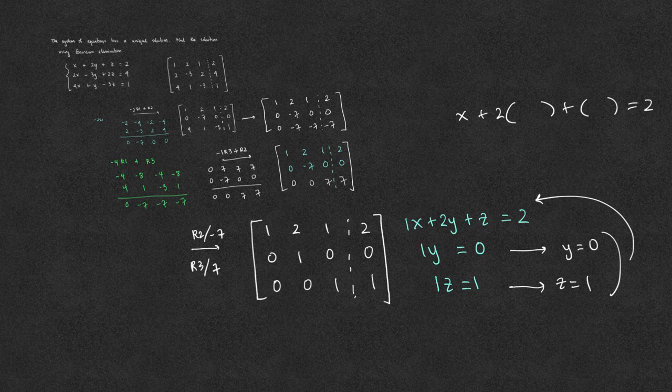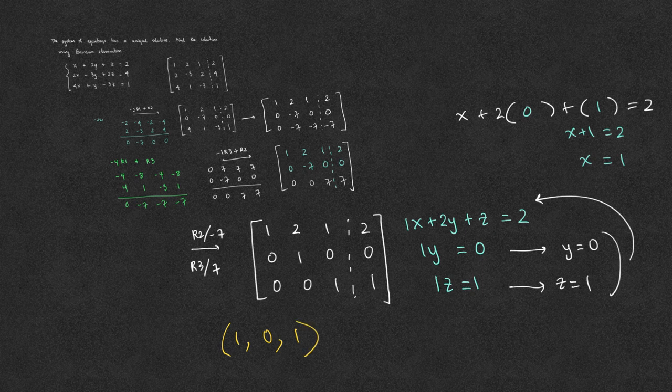But x is unknown, y is 0, and z is 1. This is x plus 1 equals 2, so x equals 2 minus 1, which is 1. We obtain an ordered triplet with x equals 1, y equals 0, and z equals 1.